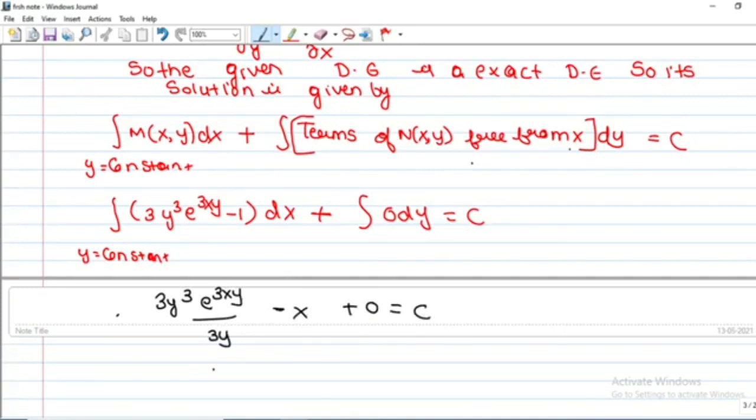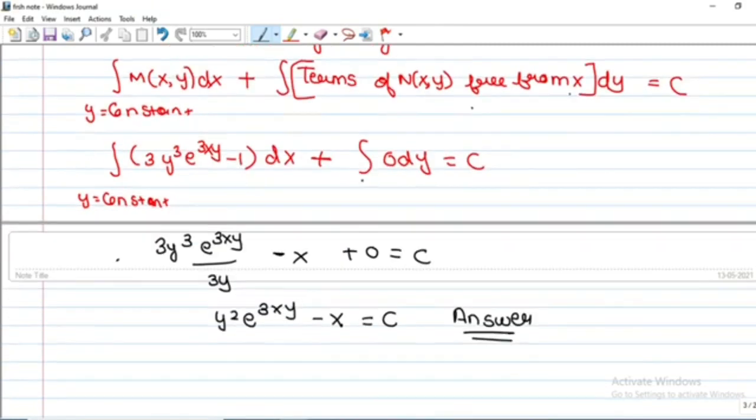So if I simplify, I am going to be left with y square e power 3xy minus x equals constant. So this is our answer. Hope you have understood each and every step. Now let's move on to the next question.